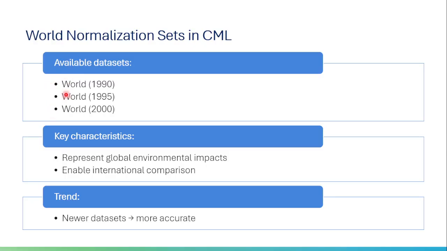For example, World 1990, World 1995, and World 2000. The different years correspond to different environmental conditions and data availability. For example, World 2000 is more recent and generally more representative of the current conditions compared to World 1990.